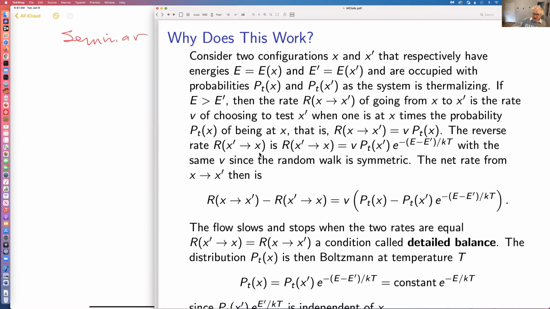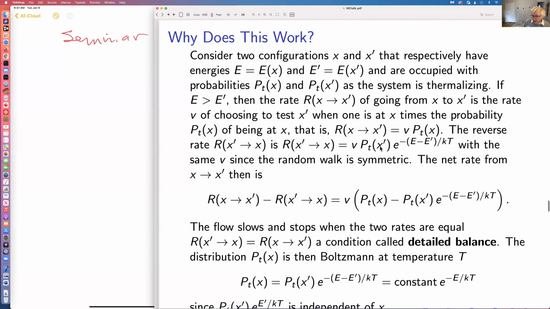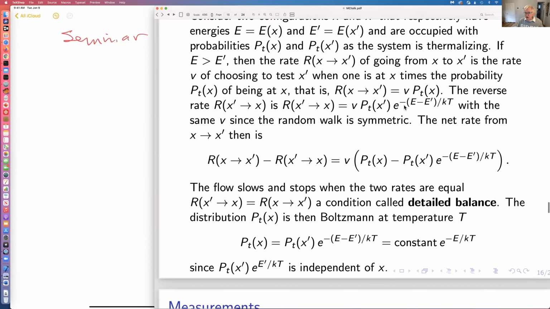On the other hand, the reverse rate of going from X prime to X is the same expression, V PT of X prime, but we accept that new configuration conditionally only with probability e to the minus delta E over KT. So the net rate of flow from X to X prime minus X prime to X is the difference of these two. That stops when this thing is zero.